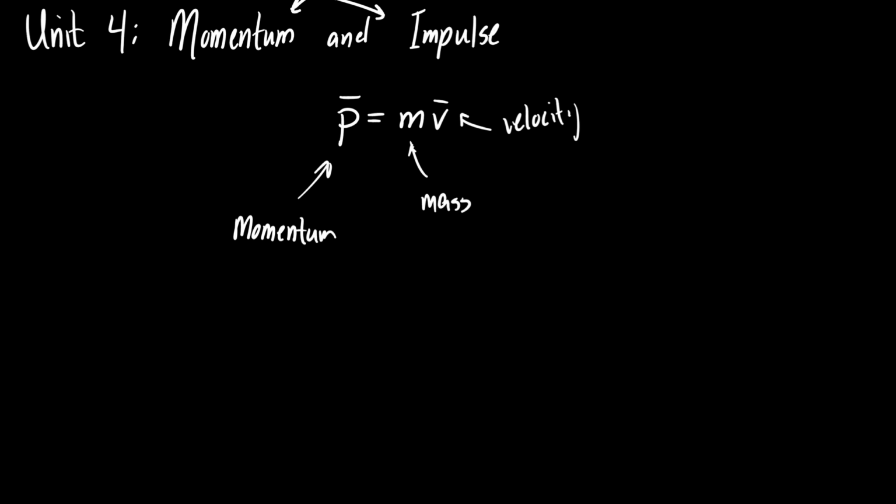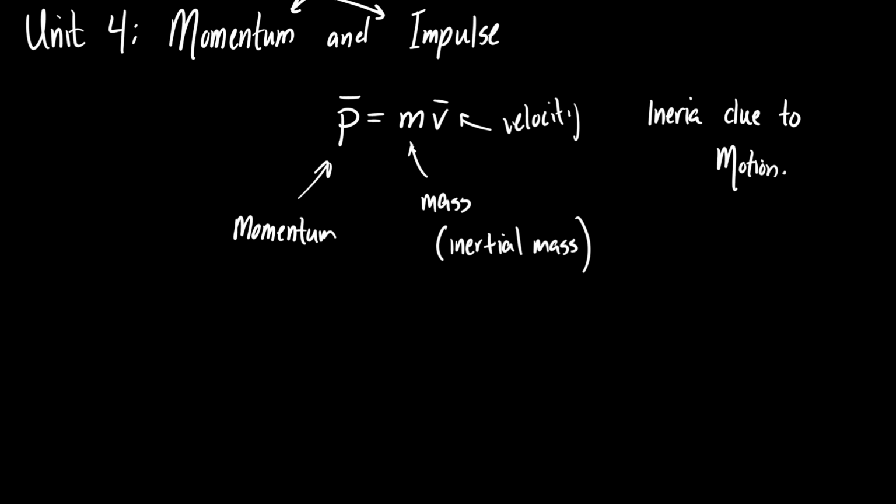If you'll remember from our first semester, mass is a measure of inertia, so this is talking about inertial mass. So this whole thing is a measure of an object's inertia due to motion. Now, we talked about inertia first semester.